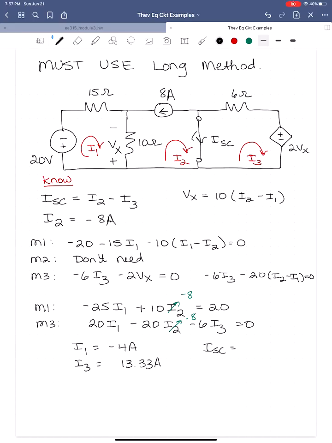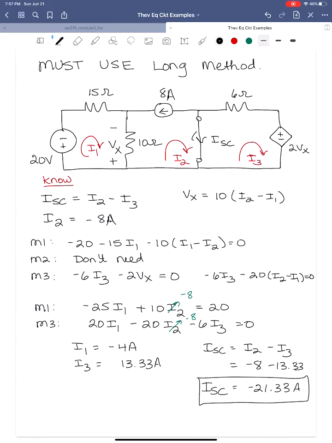That's going to be plus 13.33, not minus. Okay, so now ISC is equal to I2 minus I3. So this is going to be minus 8 minus 13.33. So now ISC will equal minus 21.33 amps. My apologies for that error. I just couldn't see it.